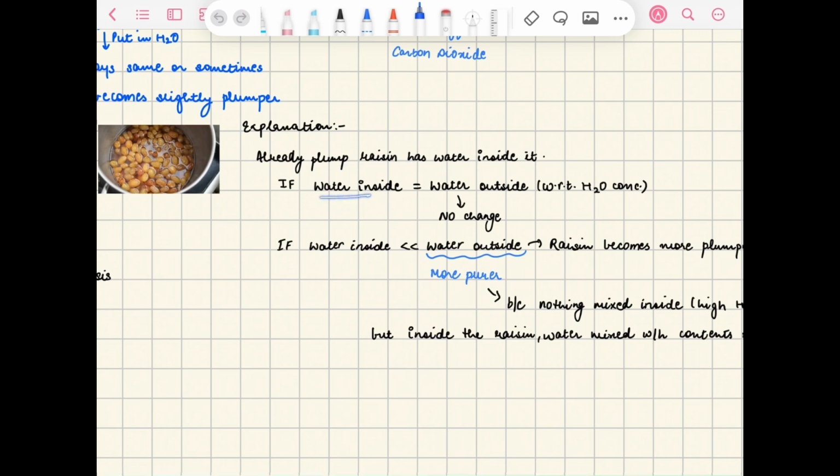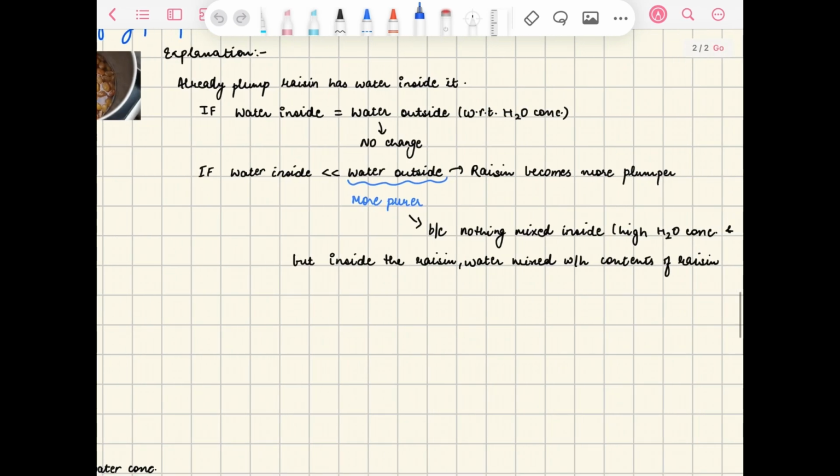But what if the water inside is equal to the water outside? With respect to water concentration, there will be no change. It will stay the same. But if the water inside is very slightly less, then the water outside will move in because it goes from high to low, right? Now the raisin will become plumper.